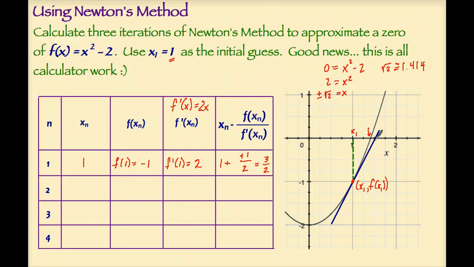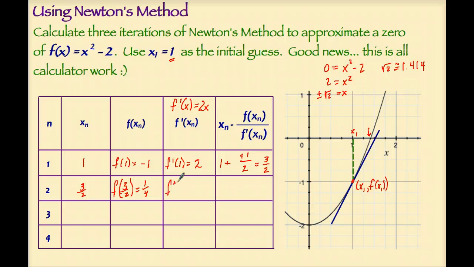You can see that that looks like where our tangent line is crossing the x-axis. But we're going to do 3 iterations of this process. So now we take 3/2 and let that be our next x sub n. We would need the function value at 3/2, which is 1/4. Let your calculator get these values for you.